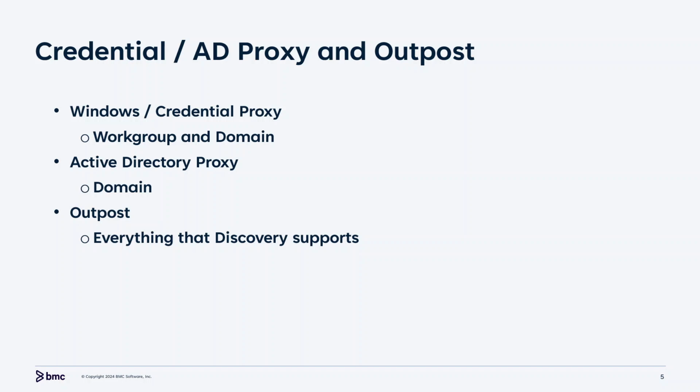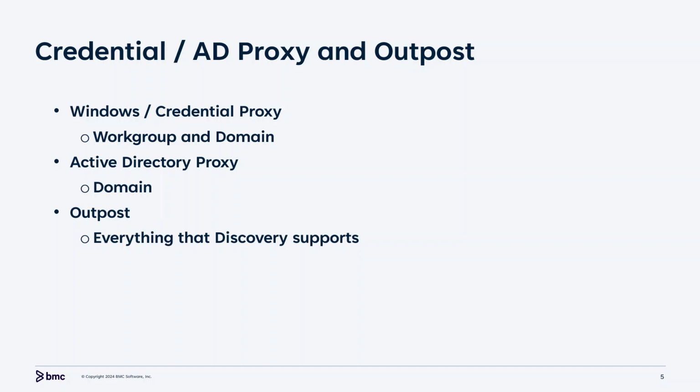The targets are accessed by using methods such as SSH, Telnet, WMI, SNMP, WBEM, and many different types of protocols that Discovery uses. Once logged onto the Discovery target, the BMC Discovery Outpost executes the commands to access the target details, and the results are encrypted and sent to the BMC Discovery appliance.